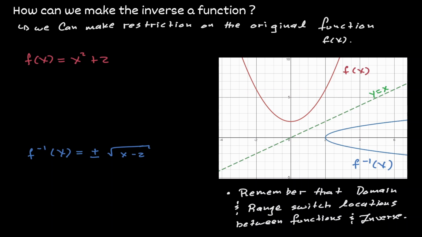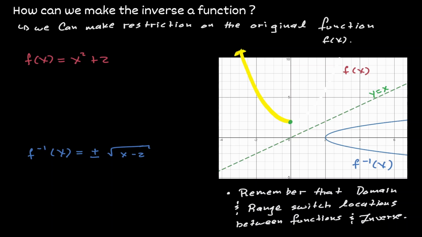One way to make the red function pass the horizontal line test is to just consider the x values on the left-hand side of the vertex of this parabola. Because notice that if we do this and we ignore the x values on the right-hand side of the red function, let me cover them in white.